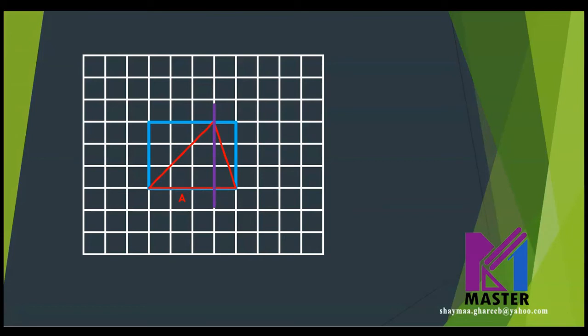First, I will calculate the area of each part of the rectangle. Let's see together. Look at the small part of the rectangle here. What is the area of this rectangle? 1 times 3 equals 3.